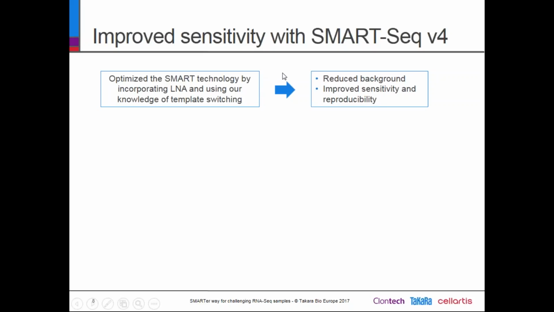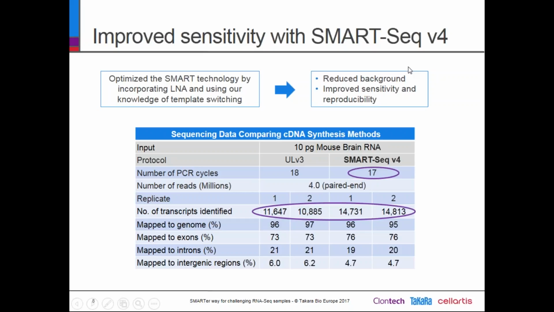In version 4 of the technology, we did some changes, but one of the most important was to incorporate LNA, which stands for locked nucleic acid, and also optimizing the template switching reaction. And this allows us to dramatically improve the sensitivity and also the reproducibility, as well as reducing the background. And how do we see that?